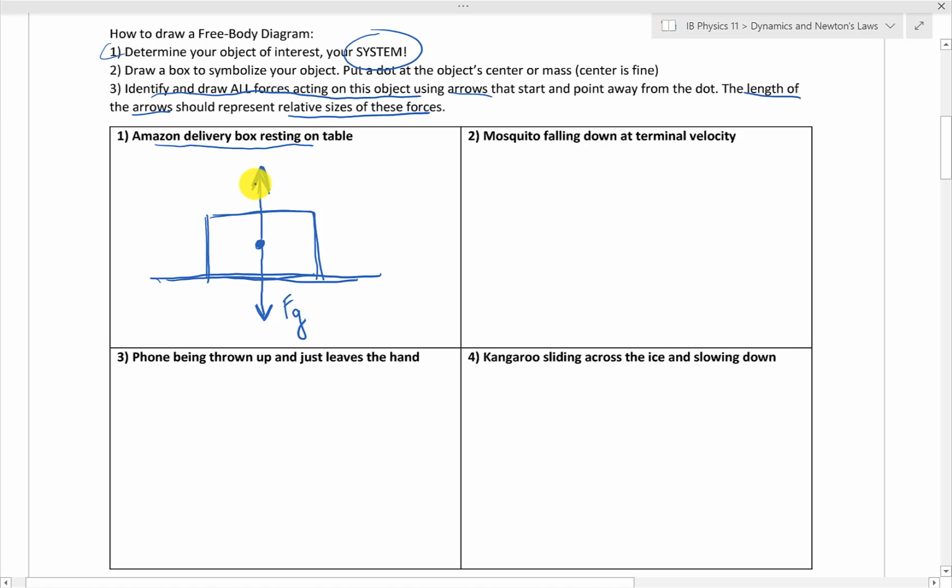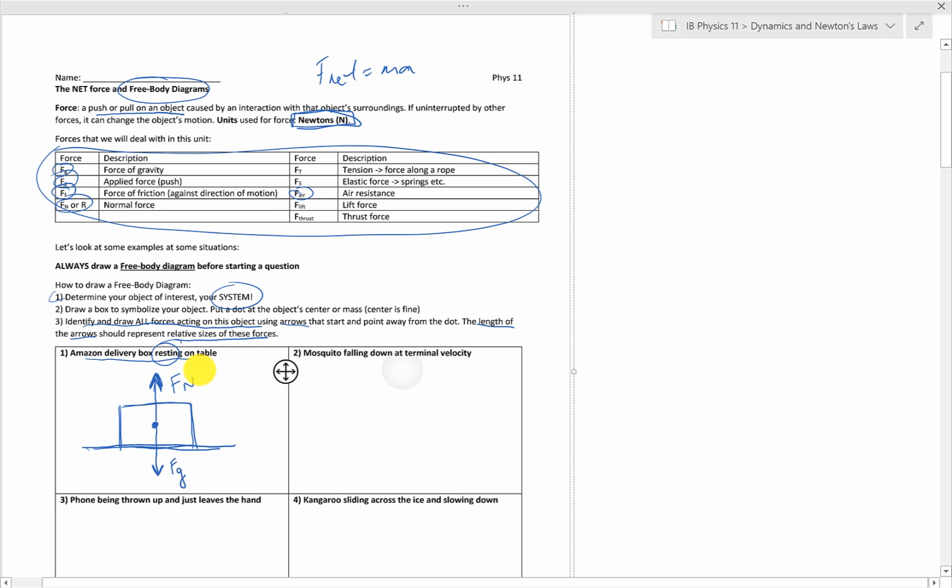So the two forces balance out, causing the box just to rest on the table. That's the force that the table exerts on the box, which I'm going to label the normal force. More on normal force later, but you just kind of have to take my word for it. Sometimes it's called the reaction force or the R.